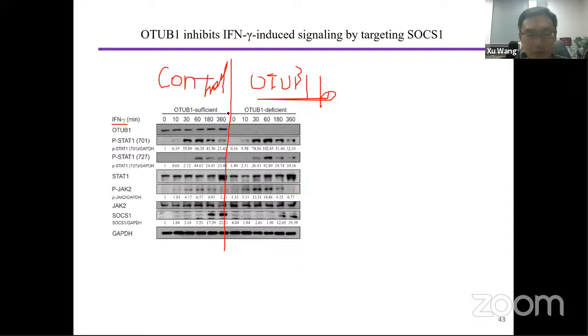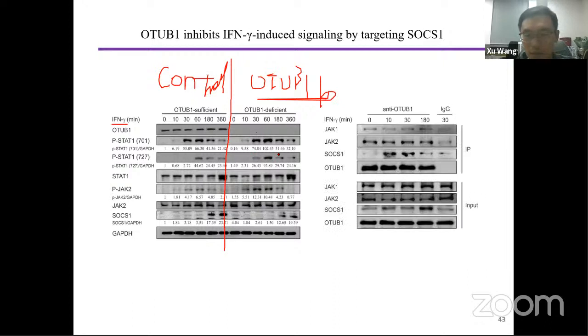So we can see from here that OTUB1 deficiency increased signal transduction in astrocytes upon interferon gamma stimulation. And to understand why OTUB1 inhibited the interferon gamma signaling pathway, I did another experiment.